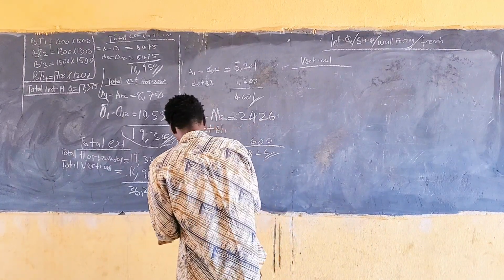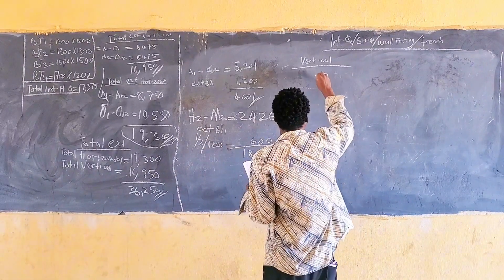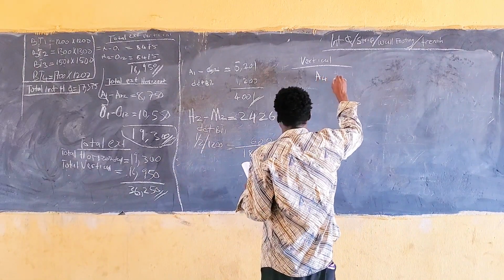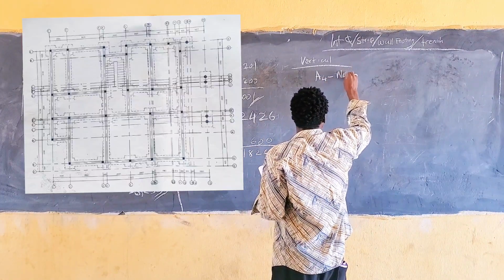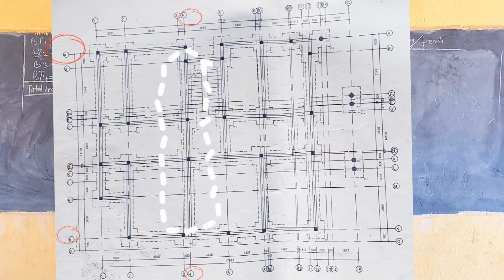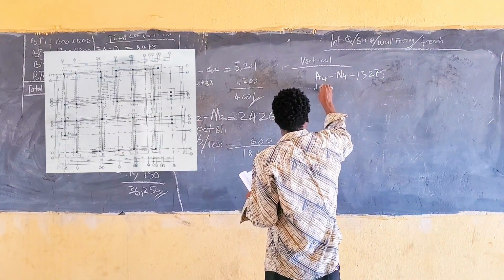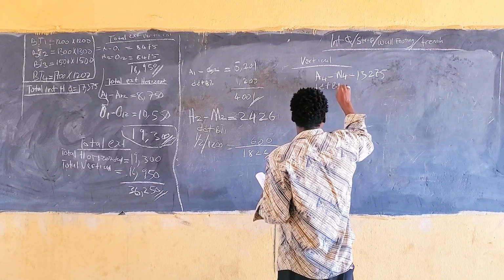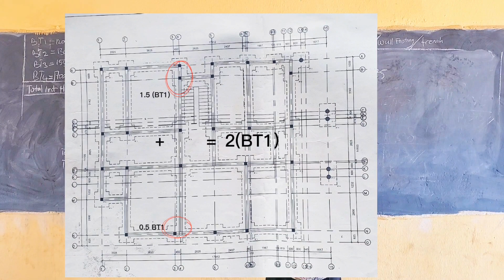So our next dimension is A4 to N4. And that will give us 13. Deduct the base types. There are base types there. Base type 1, deduct it. There are 2 base type 1s along that strip.